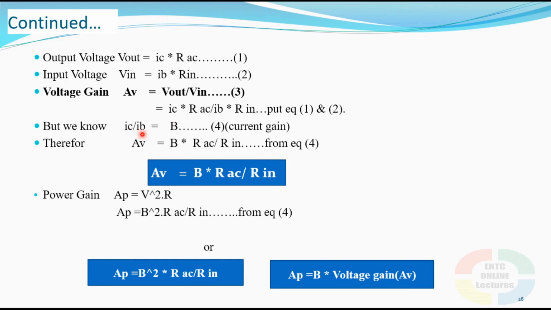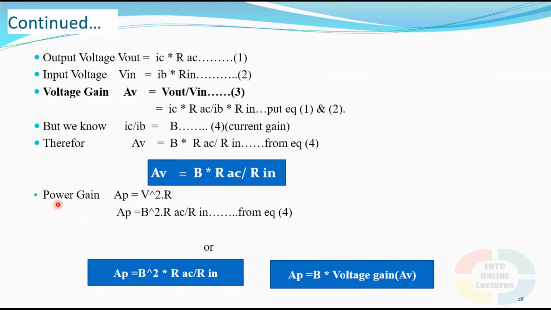But we know IC divided by IB is nothing but beta, and beta is the current gain. Put that in the above equation, then we get AV is equal to beta into RAC divided by Rin. So the total gain of a CE amplifier is given as beta into RAC divided by Rin.